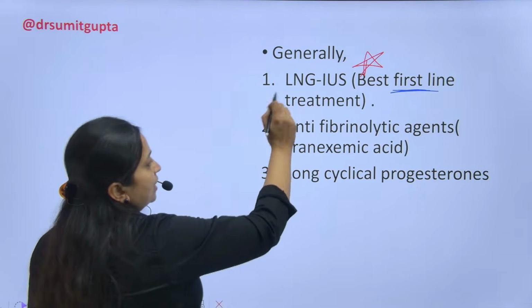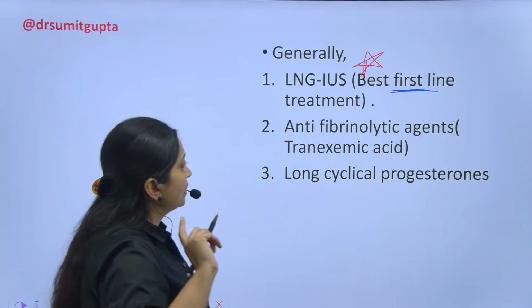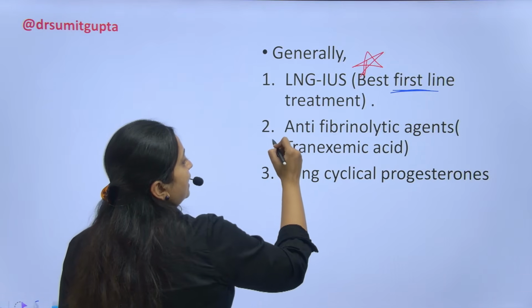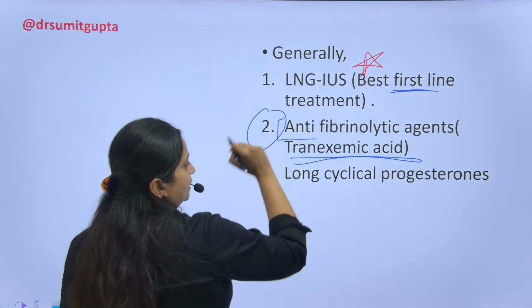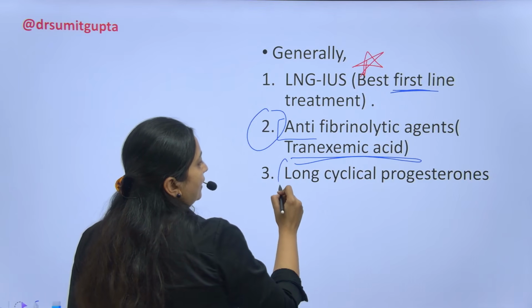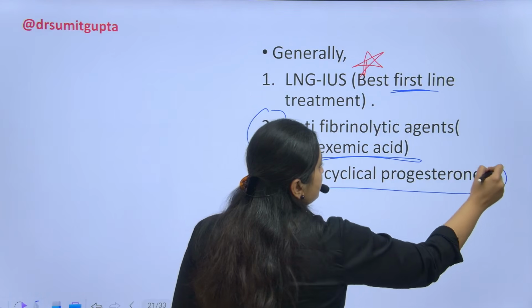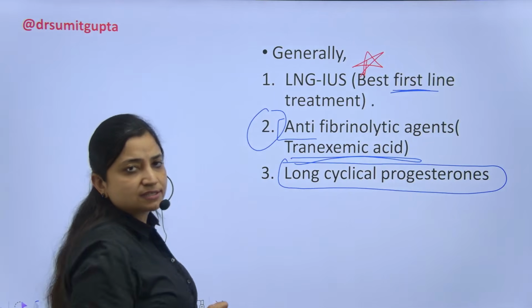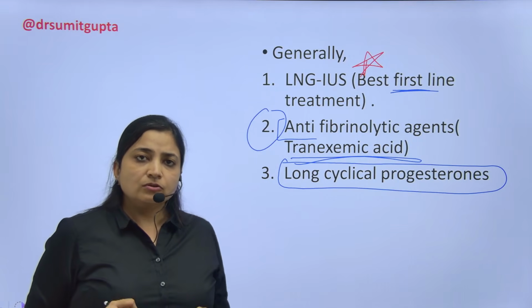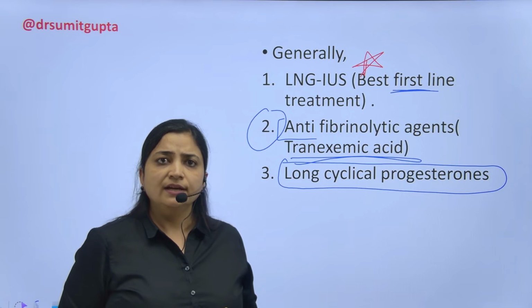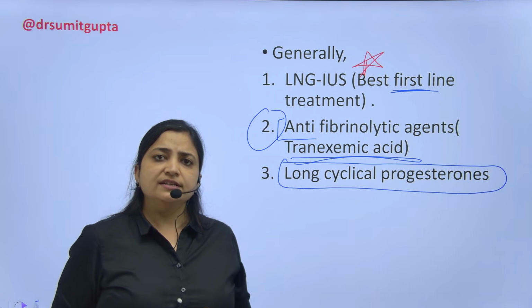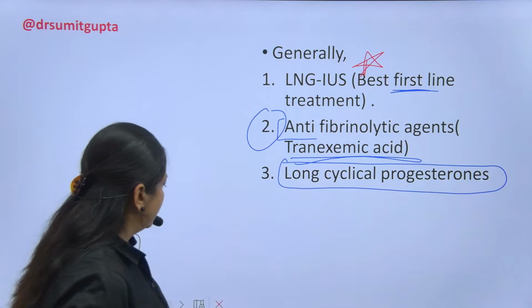Then comes antifibrinolytic, that is Tranexamic Acid, which is the second line management, and long cyclical oral progesterones for 3 to 6 months is the last option. So given an option, always offer LNG-IUS, then proceed with Tranexamic Acid and then with long cyclical progesterones.